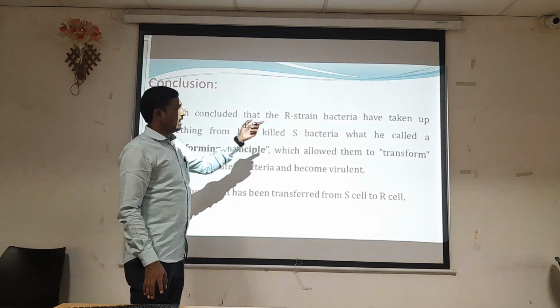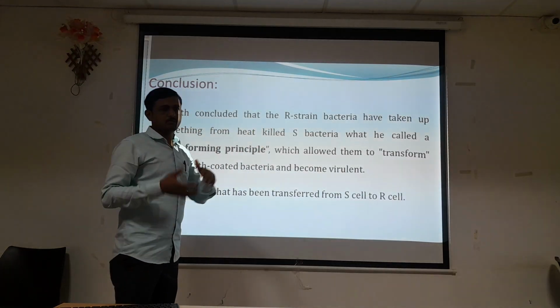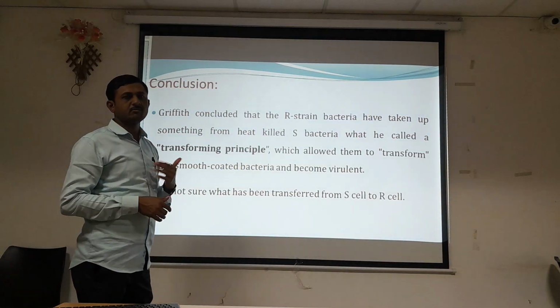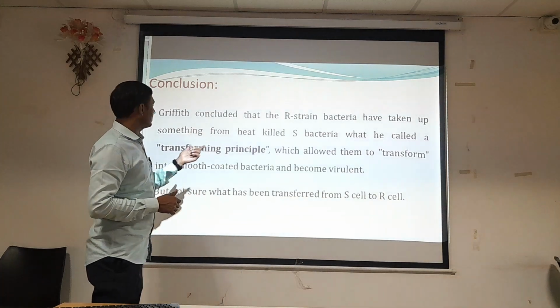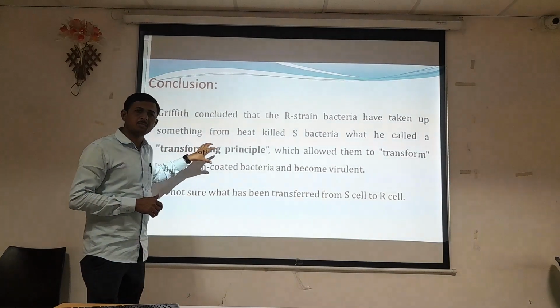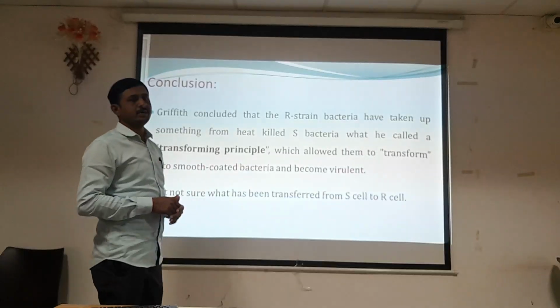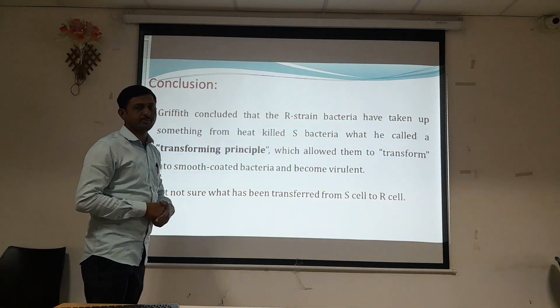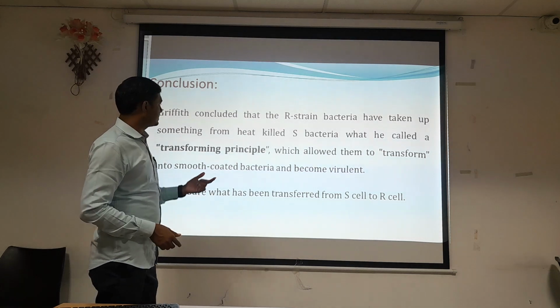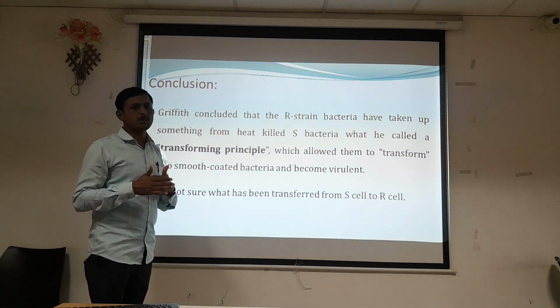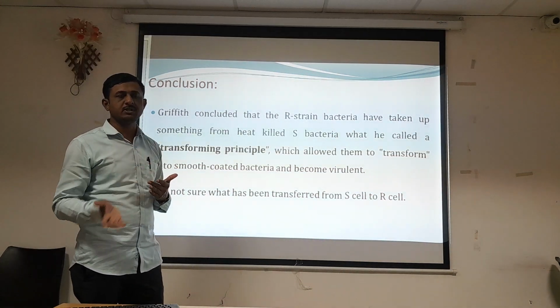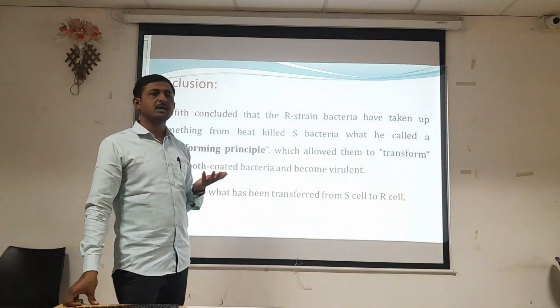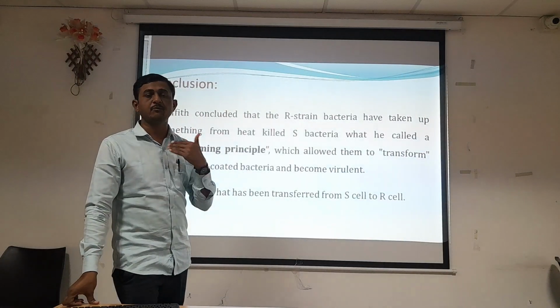He called that a transforming principle, which allows them to transform into smooth coated bacteria and become virulent. Due to this transforming principle, something was transferred from S type to the R type. That's why R type of cells become virulent.